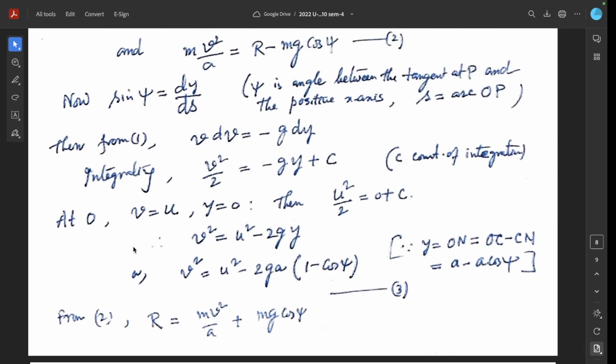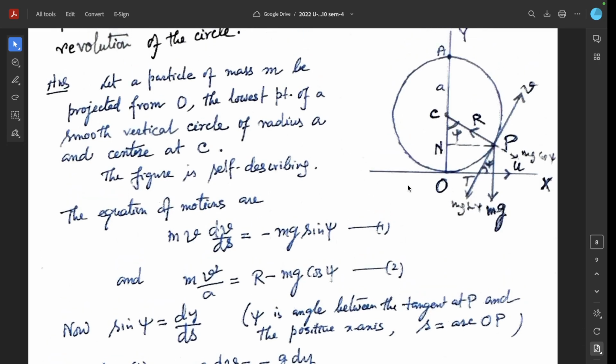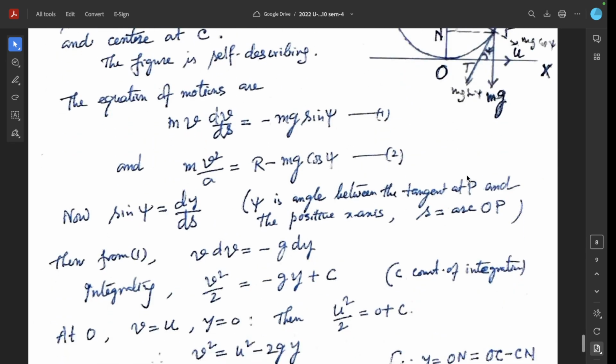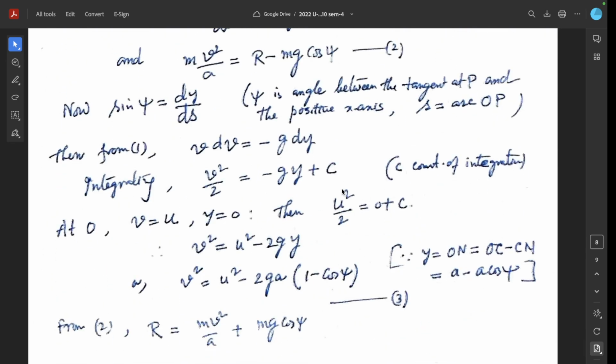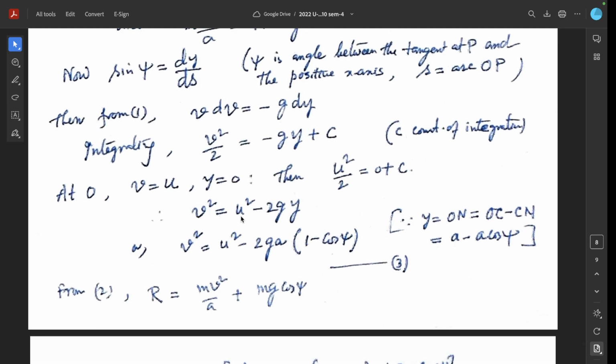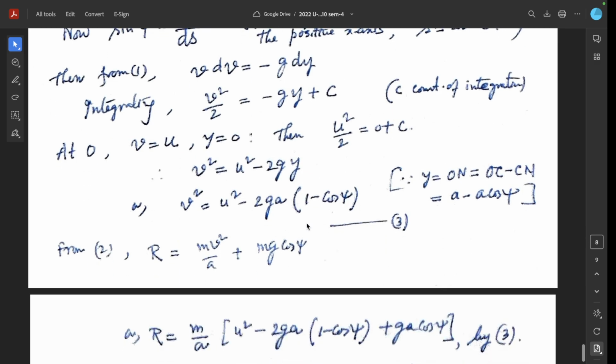At O, initially v equals u and y equals 0. At this point O the y coordinate is 0, and the initial velocity is u, so c equals u square by 2. Putting in the value of c, after simplification we get v square equals u square minus 2gy.